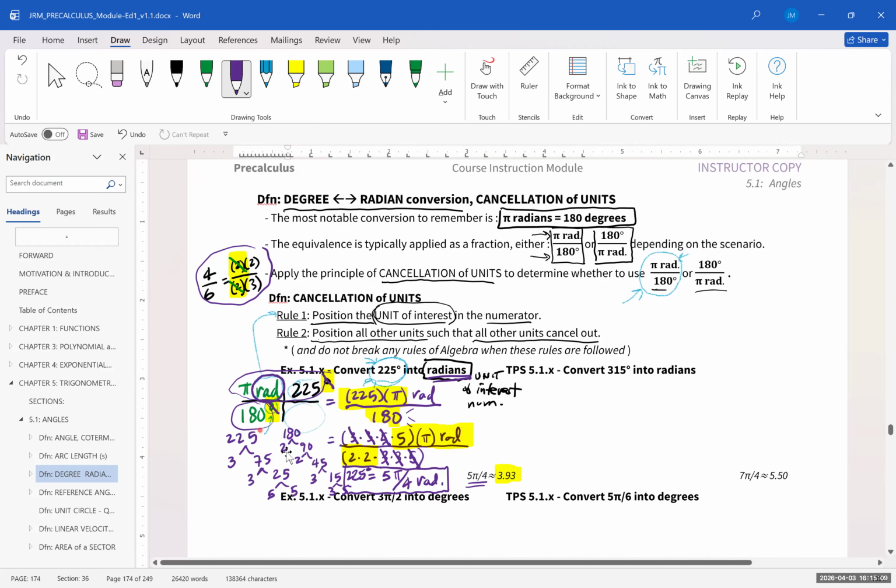Use this example as a model, and it's also a model of unit cancellation, as well as factoring numbers into their prime factors and canceling common factors. Use this as a model to convert 315 degrees also into radians. Pause the video now and give that a try.